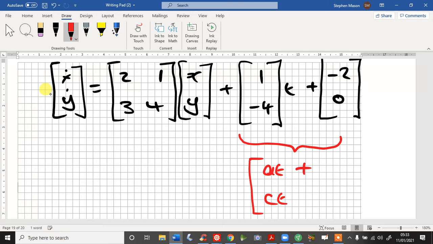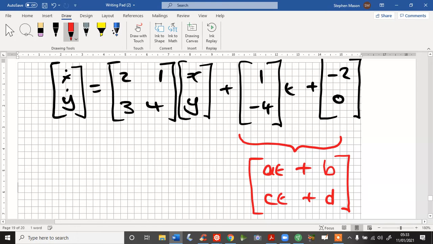So we'll add on b, so the b corresponds to the plus -2. And of course, down here, we've only got 0, but we still have to write an unknown constant down corresponding to that anyway. So we'll call that d.